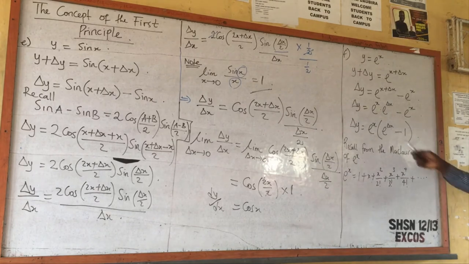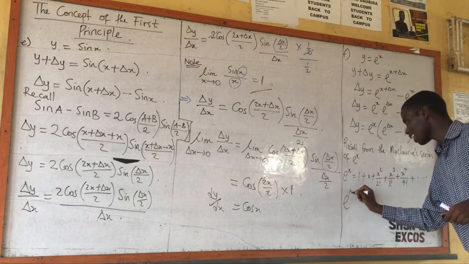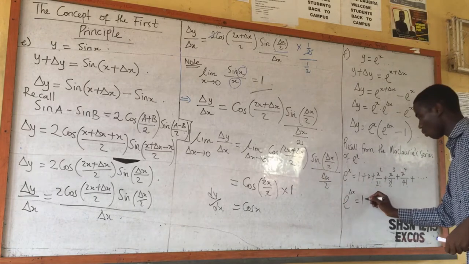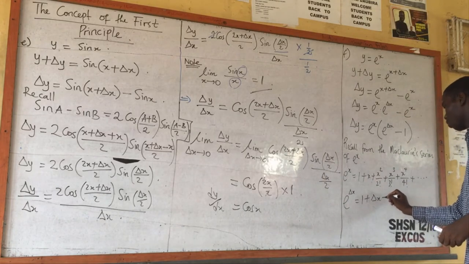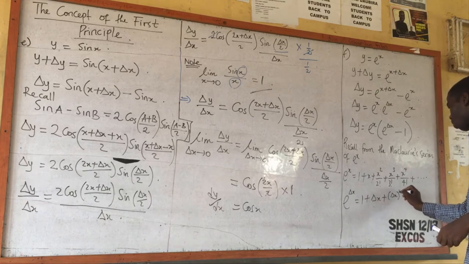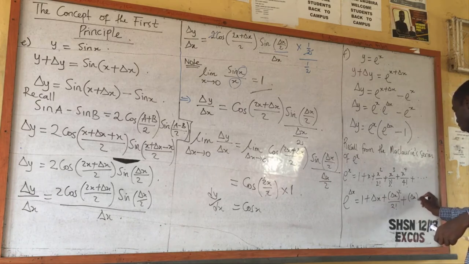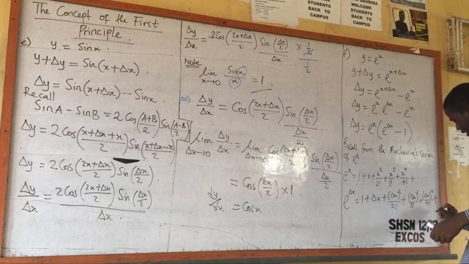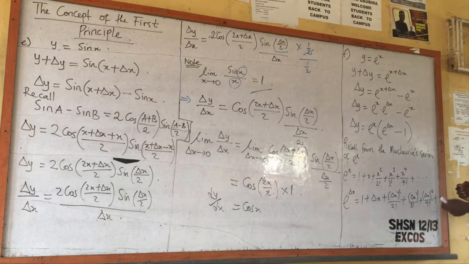God told me that I should apply it for e raised power delta s, that I don't need it for this one. So exponential delta s will be equal to, anywhere I see s, I replace with delta s: 1 plus delta s plus delta s all squared over 2 factorial plus delta s all cubed over 3 factorial plus delta s to the 4 over 4 factorial, and it goes on like that. That is what we call the Maclaurin series.